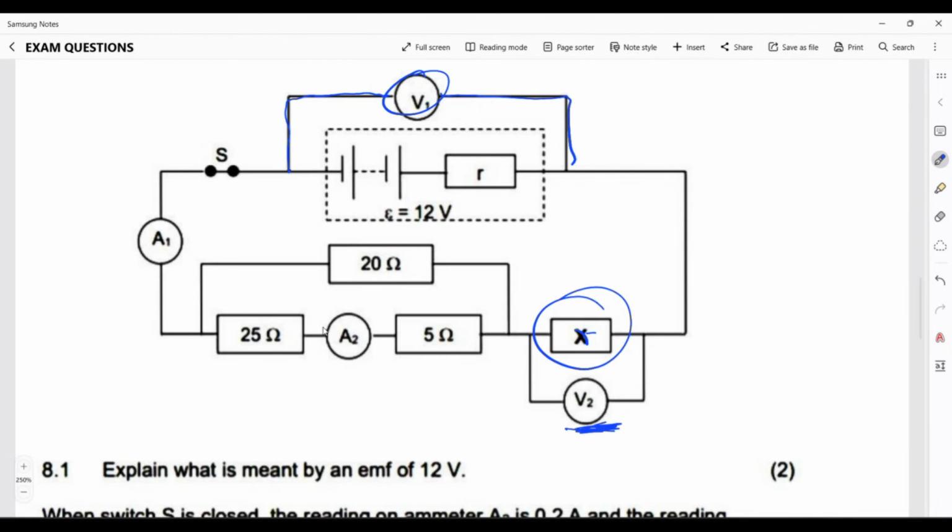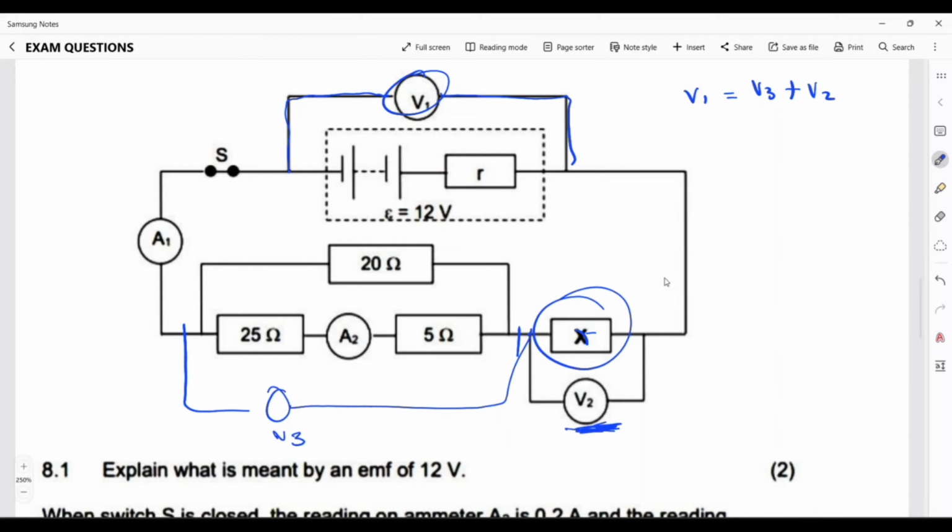If I have a voltage over here also, which is V3, for example, then V1 is going to be the sum of V3 plus V2. It is the external voltage of the circuit, not internal.